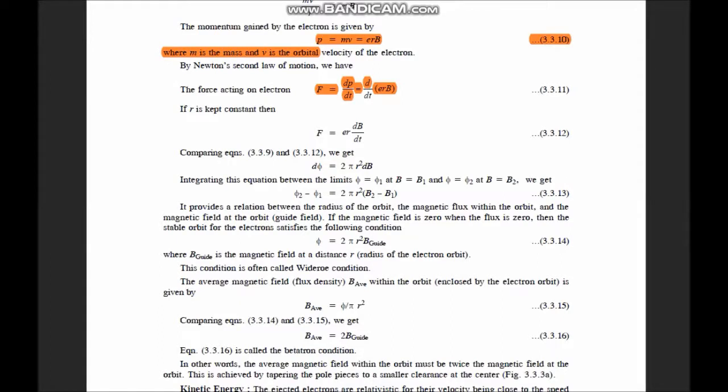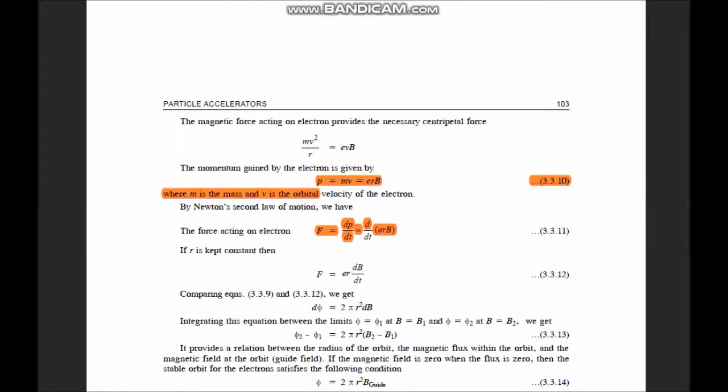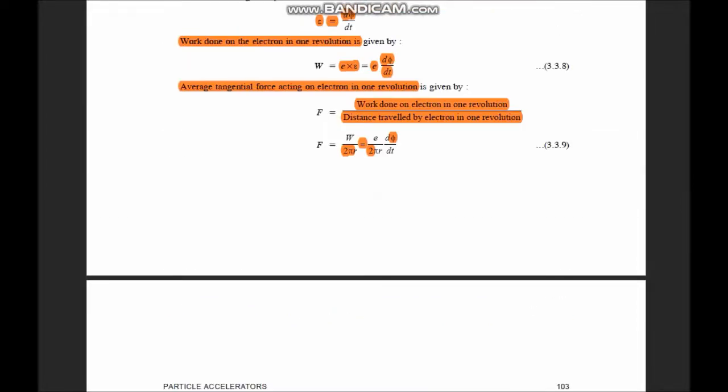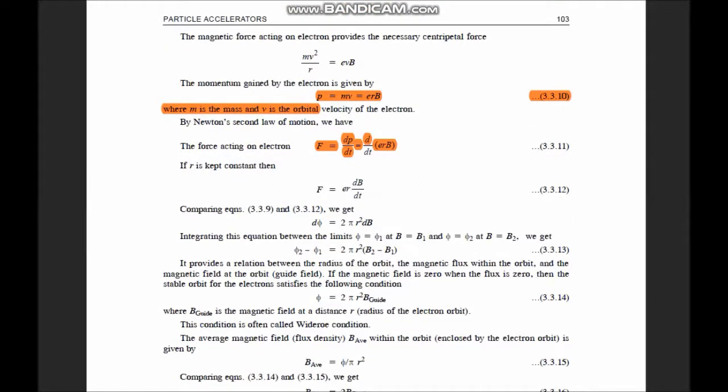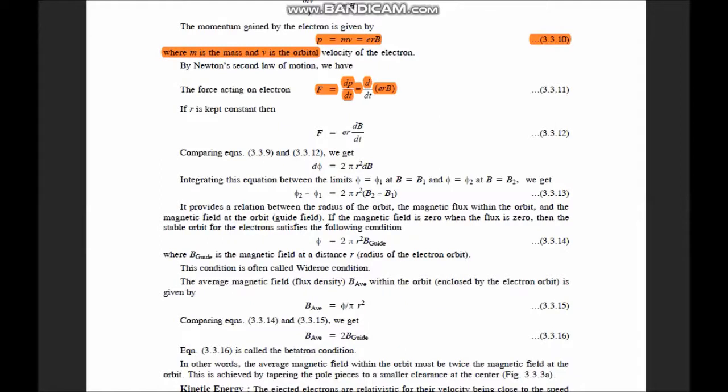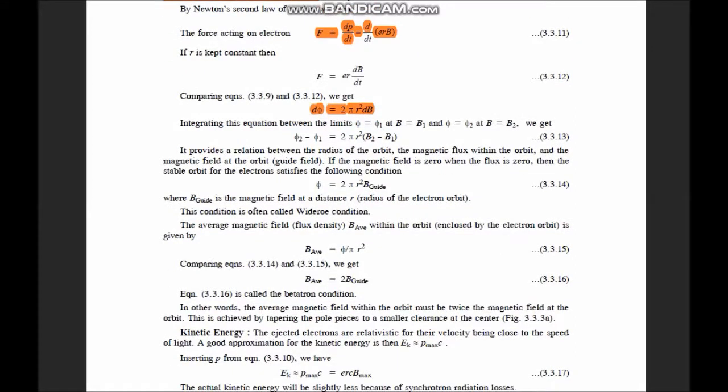If we compare this force with the previously calculated force given by equation 3.3.9 and equation 3.3.12, we get from here d phi is equal to 2 pi r square into dB. Now if we integrate it from phi 1 to phi 2, where B changes from B1 to B2, we get equation 3.3.13.